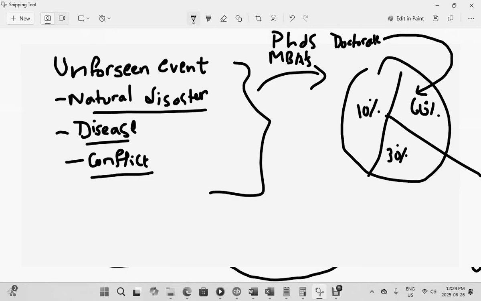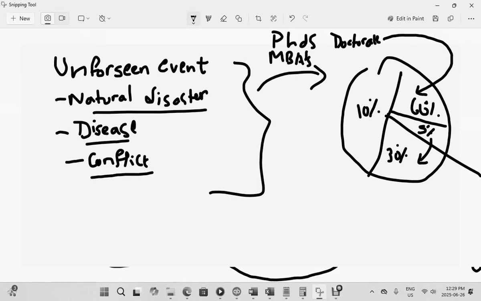So now, as people with PhDs and MBAs and doctorate degrees try to find work in the workforce, some of these people who are already in the workforce, let's say 5% of the people in the workforce, may become unemployed or may get laid off, or may get fewer hours at work.